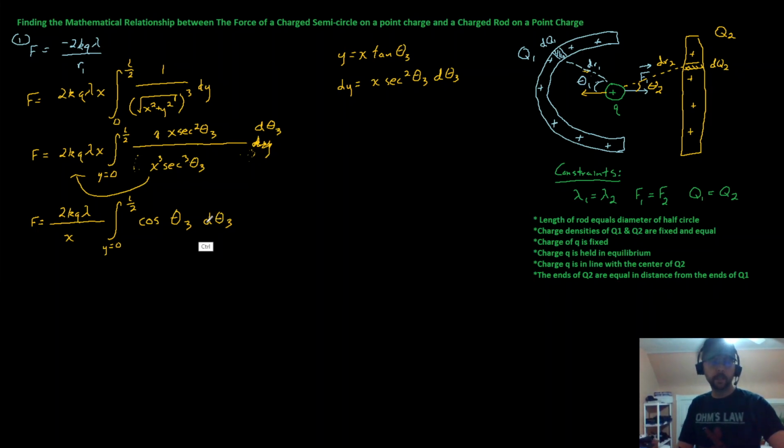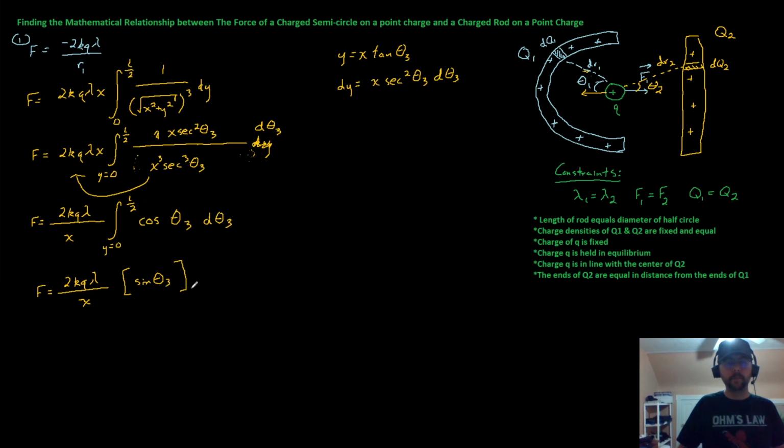Now let's just integrate. So we have the integral of cosine of theta is sine of theta. So we have f equals 2k q lambda over x times sine of theta sub 3 evaluated from y equals 0 to y equals L over 2.